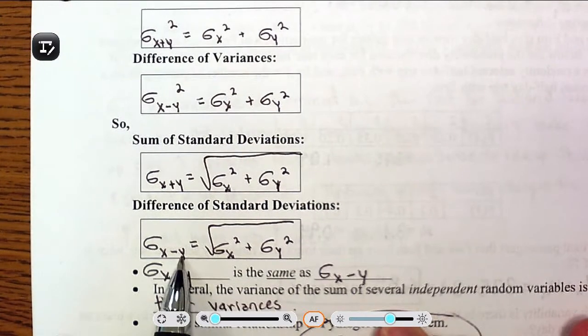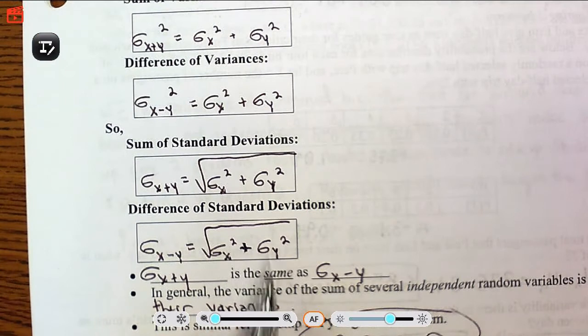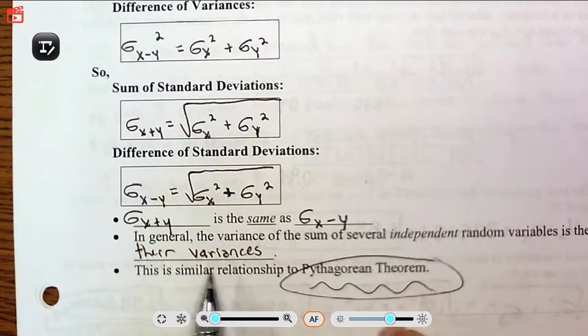Same thing for a difference, but when you find the standard deviation of the difference of two random variables, it's still going to be an increased amount of standard deviation. So we still have a plus sign in the difference of standard deviations.